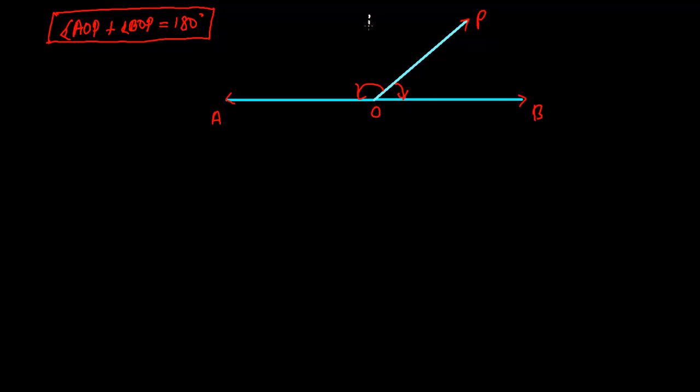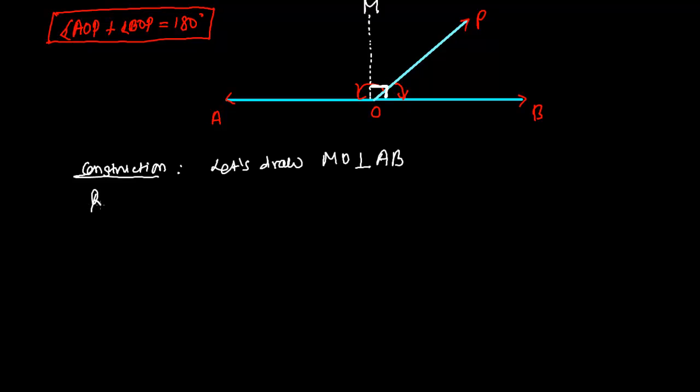Suppose I'm drawing a perpendicular line here like this. Let me say this is M. So my construction is: let's draw MO perpendicular to AB. Now let me give you the proof.